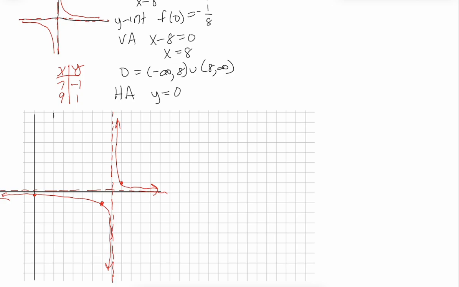Now I want you to put this notation on the graph. Okay, first let's do the correct notation for our vertical asymptote. So our vertical asymptote is at 8.